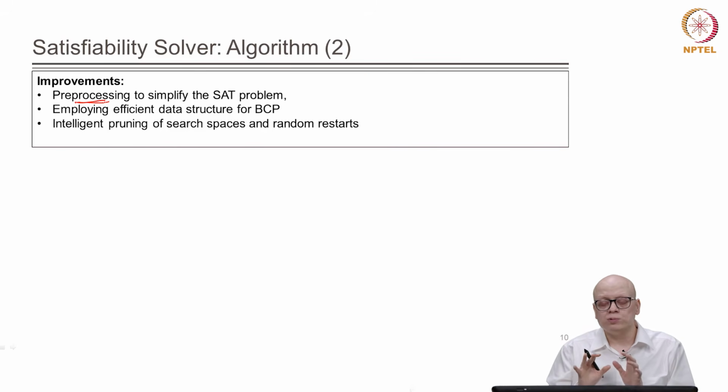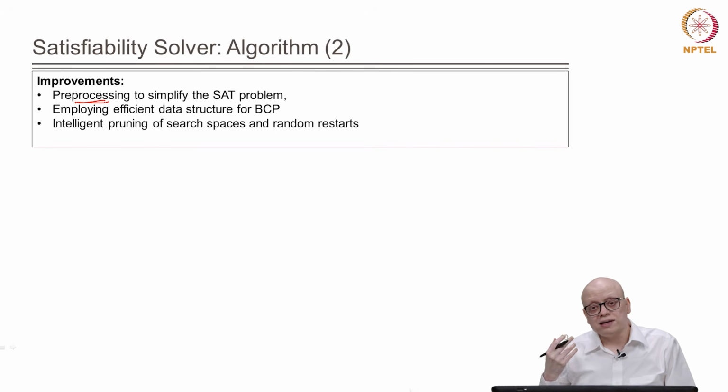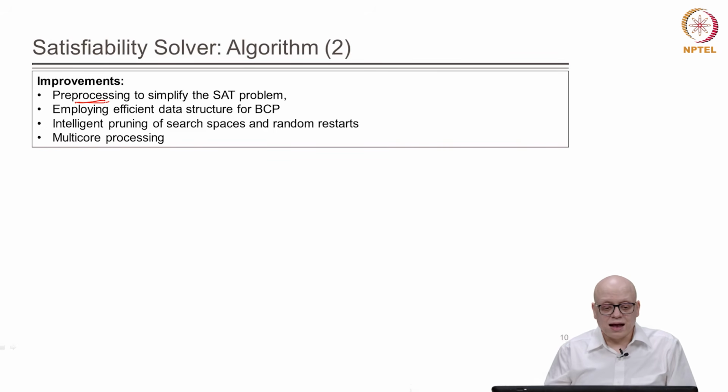It also selects a random restart strategy to quickly reach the solution. And these days multi-core processing has made SAT solvers really fast. So now SAT solvers have become very powerful, and they are used in solving many VLSI design problems, as we will see in the subsequent lectures.